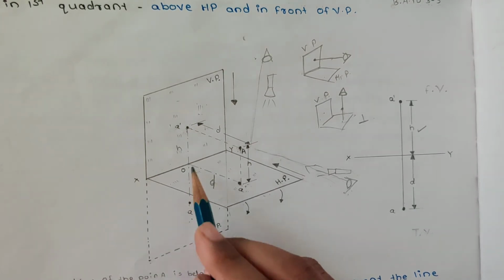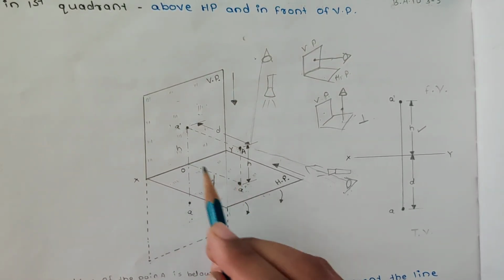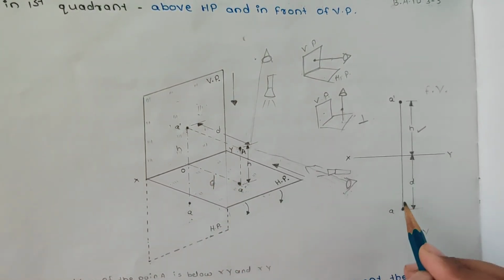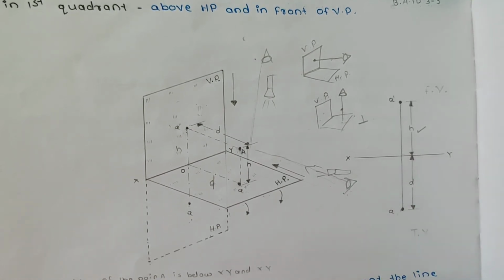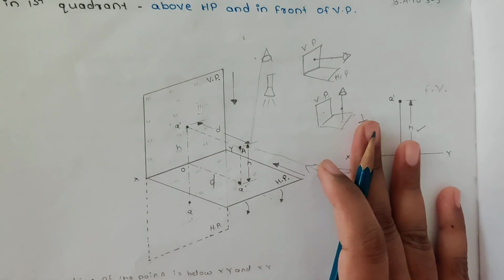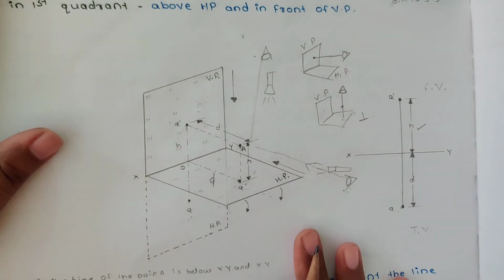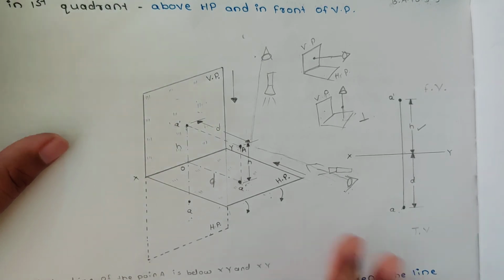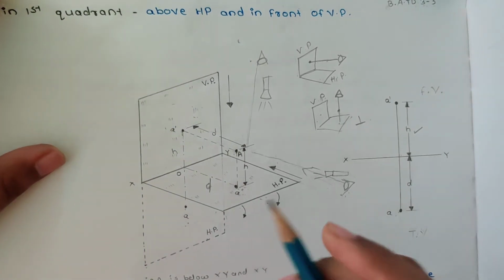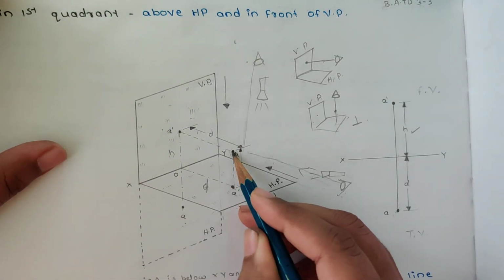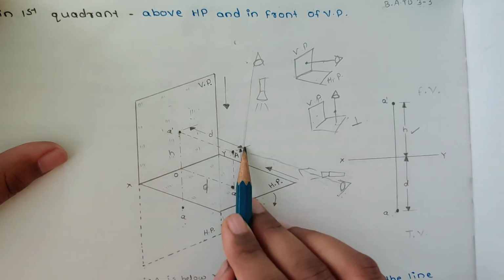That is why this distance comes over here. So now we can locate this point. This is the projection of a point in the first quadrant, which is above HP and in front of VP.